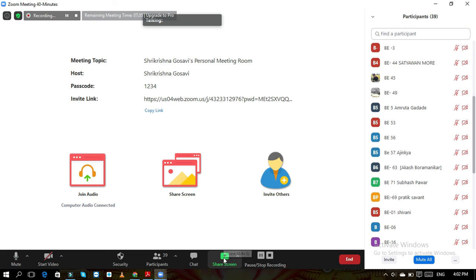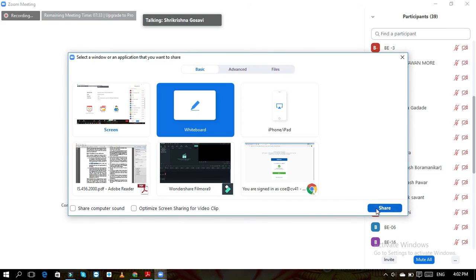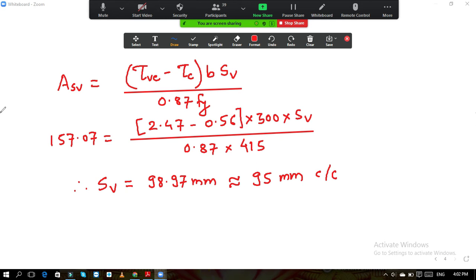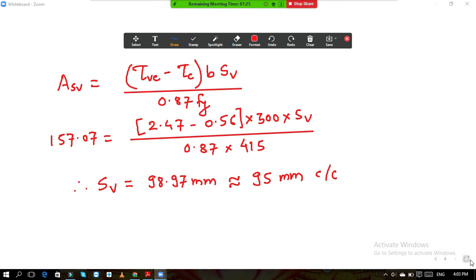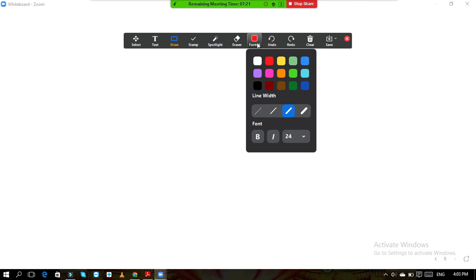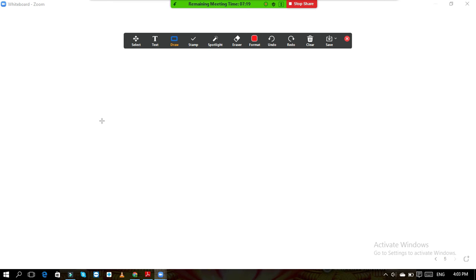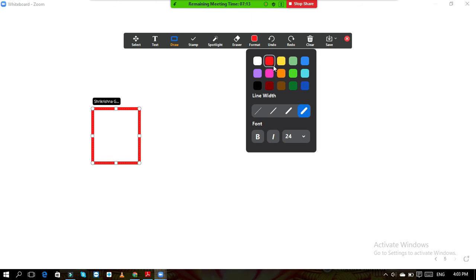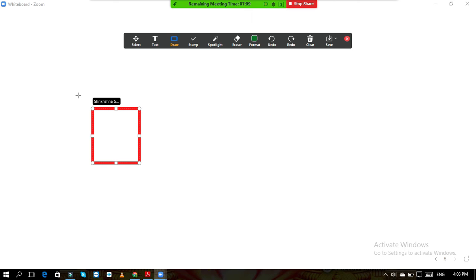So we will go to the board. Now here, x1 and y1. Again I will draw the diagram. This is the stirrup, and this is our beam section.